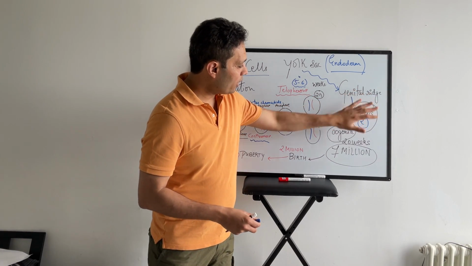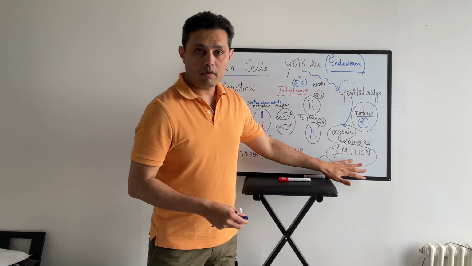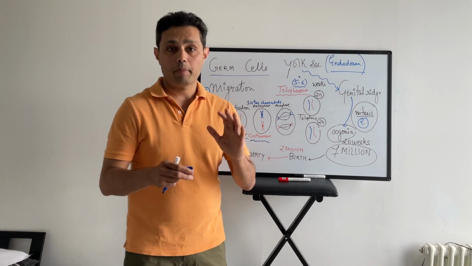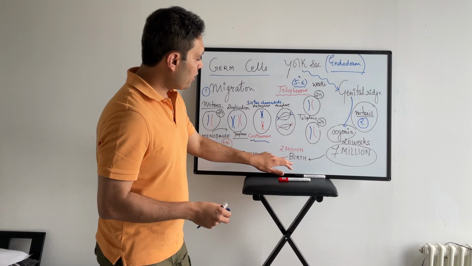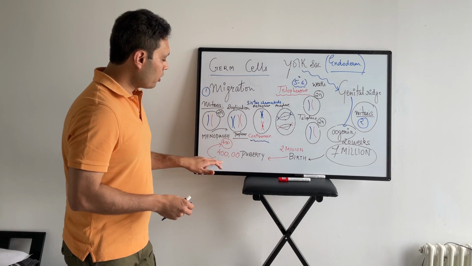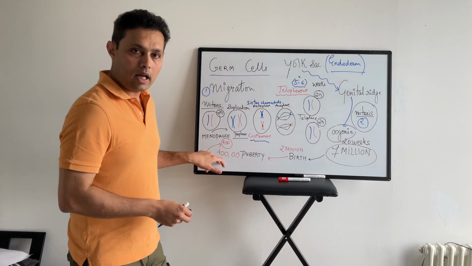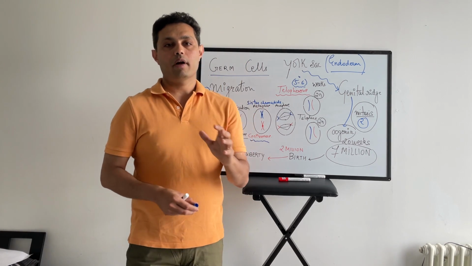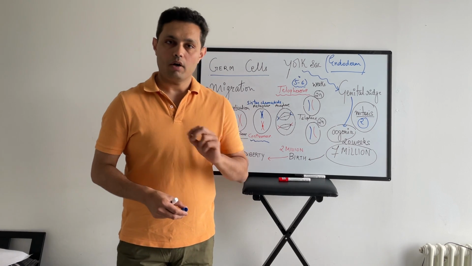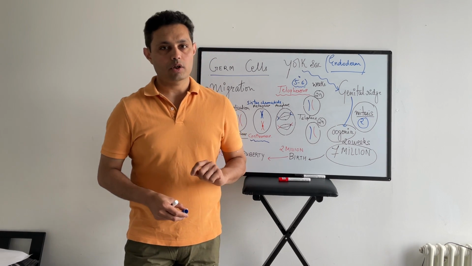So this process will make the number of oogonia at 20 weeks around 7 million, such a big number. And then it reduces at birth to around 2 million. At puberty, it goes down to 400,000, and there are 400 odd eggs that are released in the entire reproductive life of a woman.